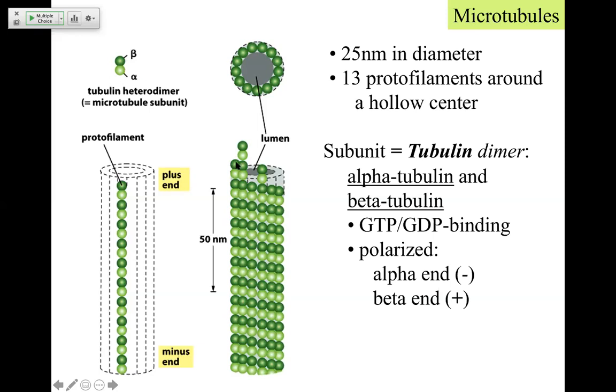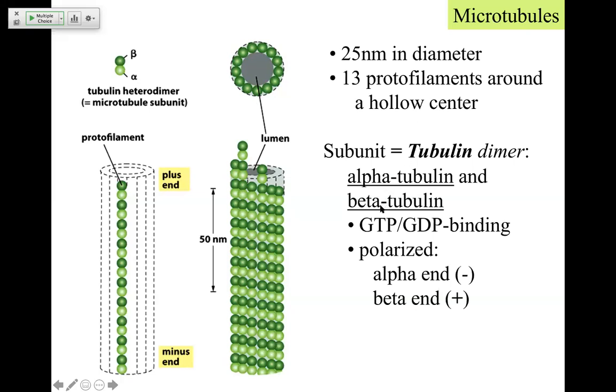Heterodimers will be added to what we call the plus end of the microtubule. It would have initiated at this end. It's going to be growing at its plus end. It gets longer at its plus end. It can also get shorter at its plus end. So our dimer consists of an alpha tubulin and a beta tubulin.